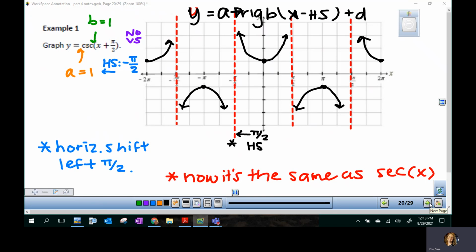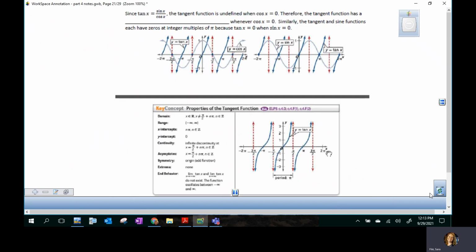All right, now that's cosecant and secant. What's another trig function we haven't talked about yet? Tangent. Okay, so tangent, we learned back in unit 1, tangent is sine divided by cosine, right? So if we know the sine values and the cosine values, we can figure out the tangent values.